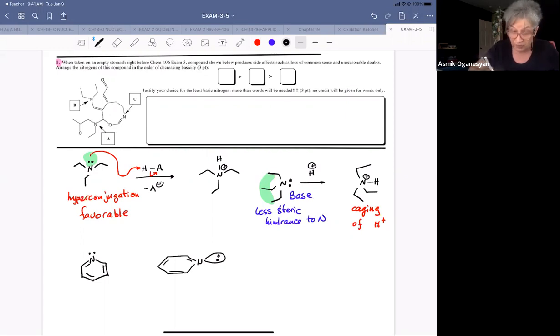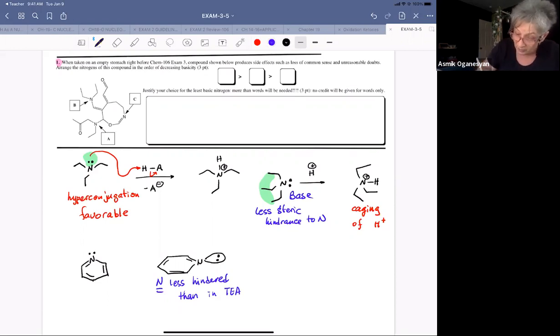So here, my nitrogen is less hindered than in triethylamine. So in the beginning, you're saying that, well, it's much, much better than your triethylamine.